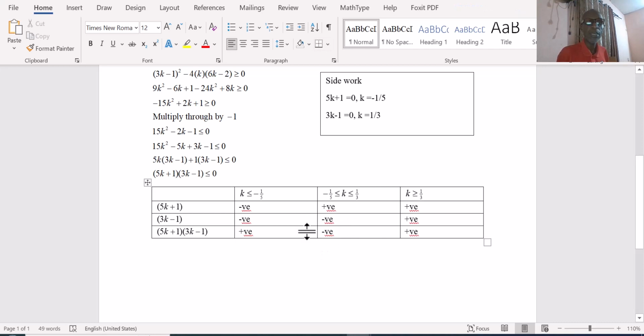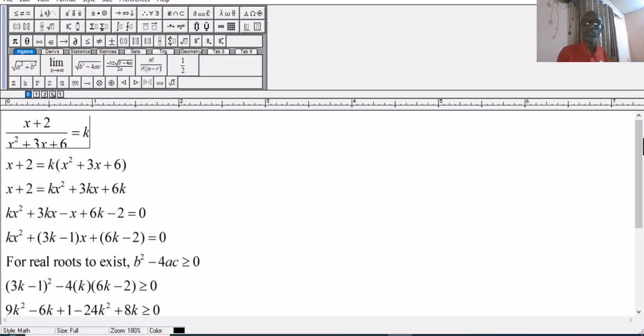Now, the table has given us a hint of where the range is valid, where this inequality is valid. Now, the expression that we have here, let me copy it out so that you see.